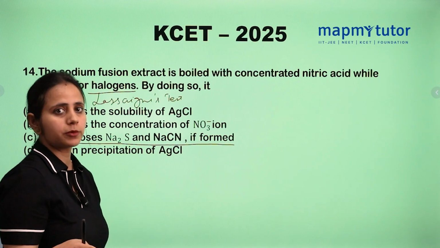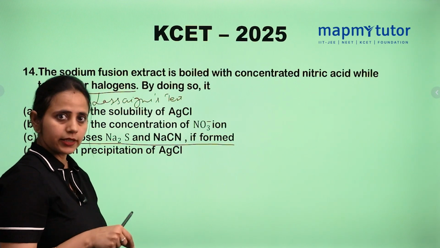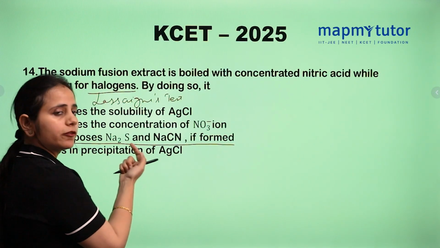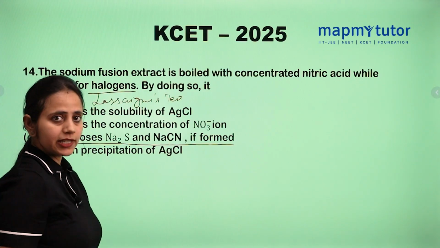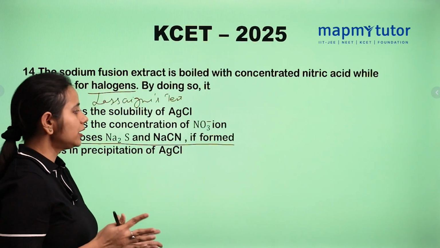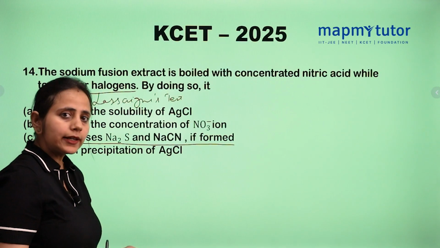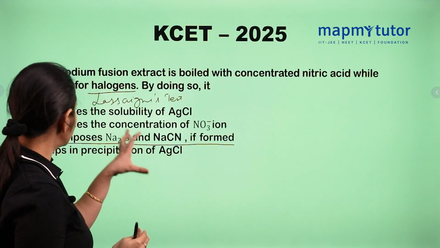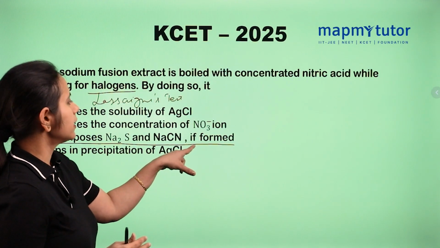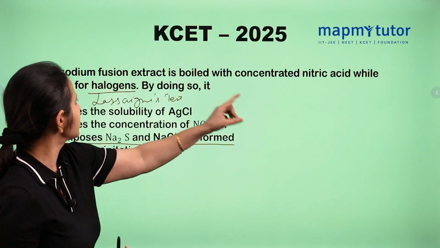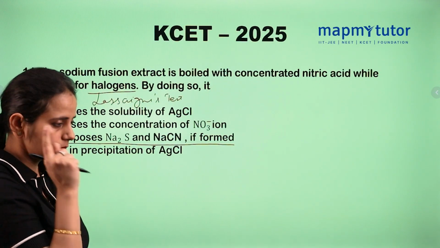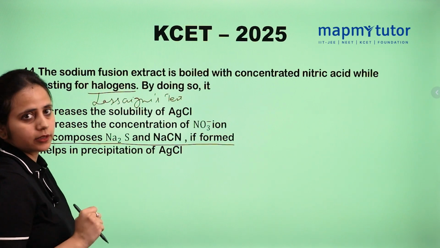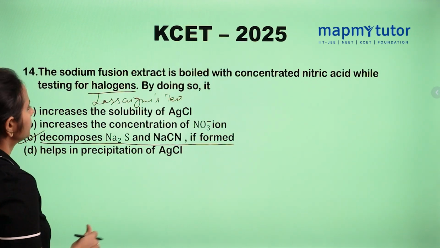So we need to rule this out, because in this Lassaigne test we use AgNO3. It will bind with sulfur and form Ag2S, and with cyanide AgCN, and a white precipitate will form, so we might get confused. So for ruling out, we decompose Na2S and NaCN if formed by boiling nitric acid with the sodium fusion extract. So C is the right answer.